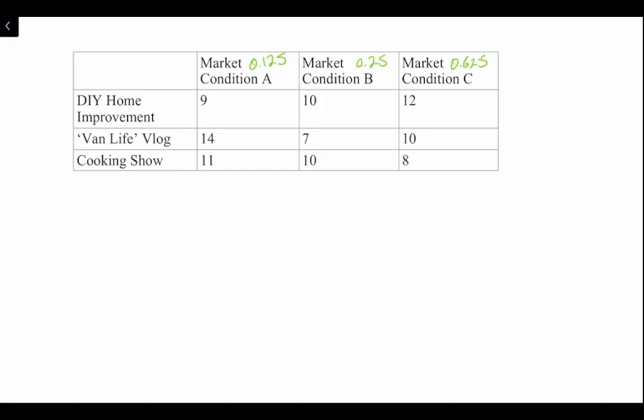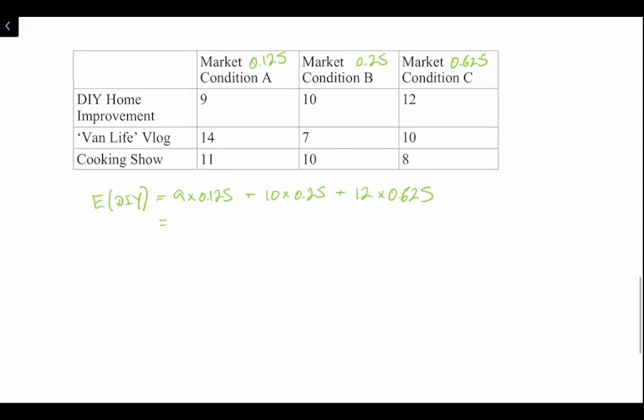And all we're going to do is first find the expected value of each of the following scenarios. Okay, so our expected value of DIY is equal to 9 times 0.125 plus 10 times 0.25 plus 12 times 0.625, which gives us an expected value of 11.125.